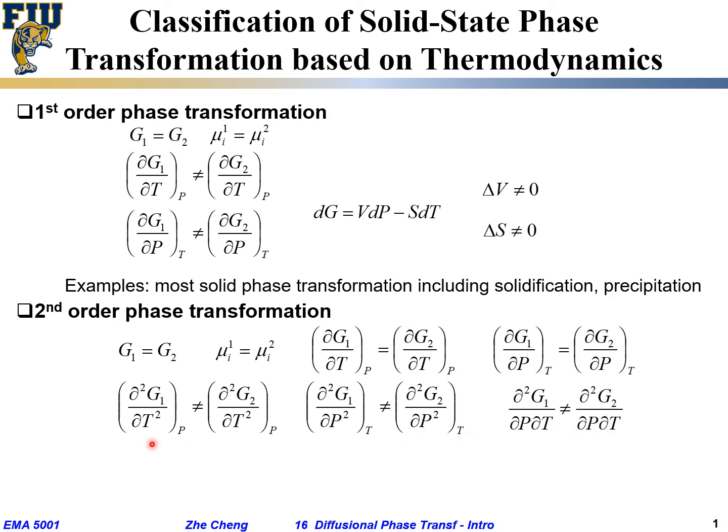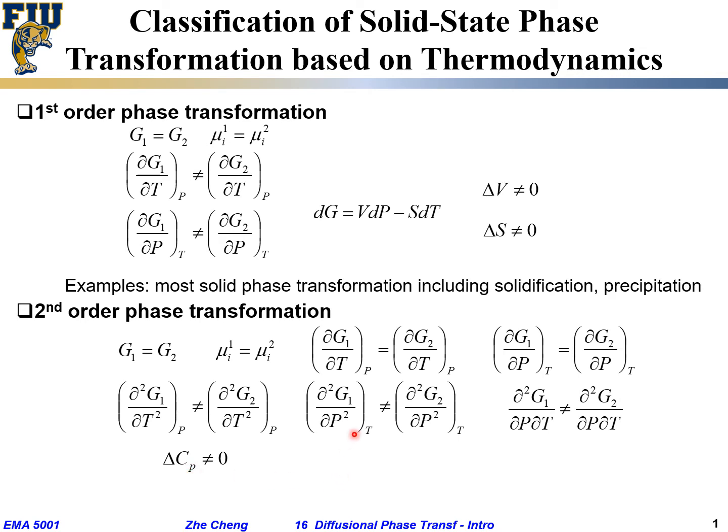Of course, if you think of this a little bit deeper, the second partial derivative of Gibbs free energy with respect to temperature is not the same. That essentially means the heat capacity under constant pressure is not the same.